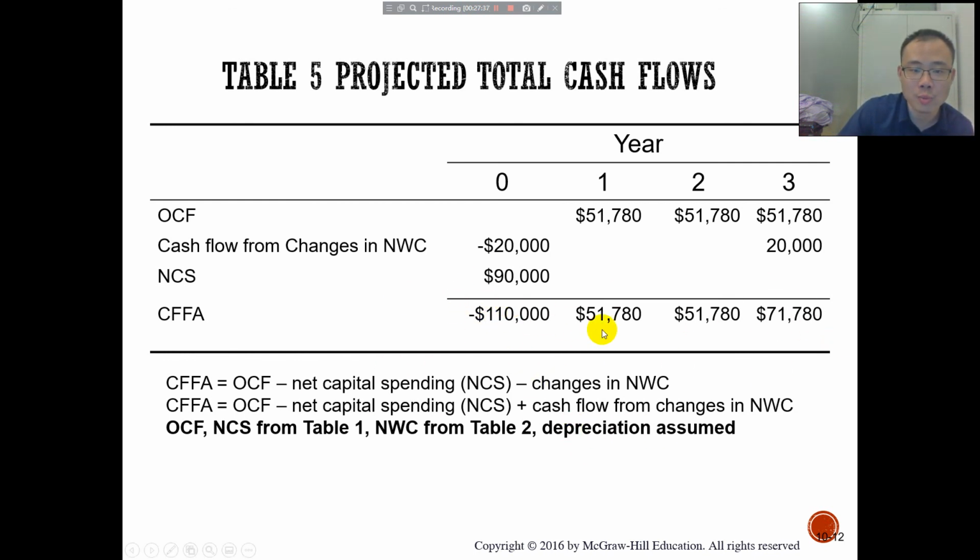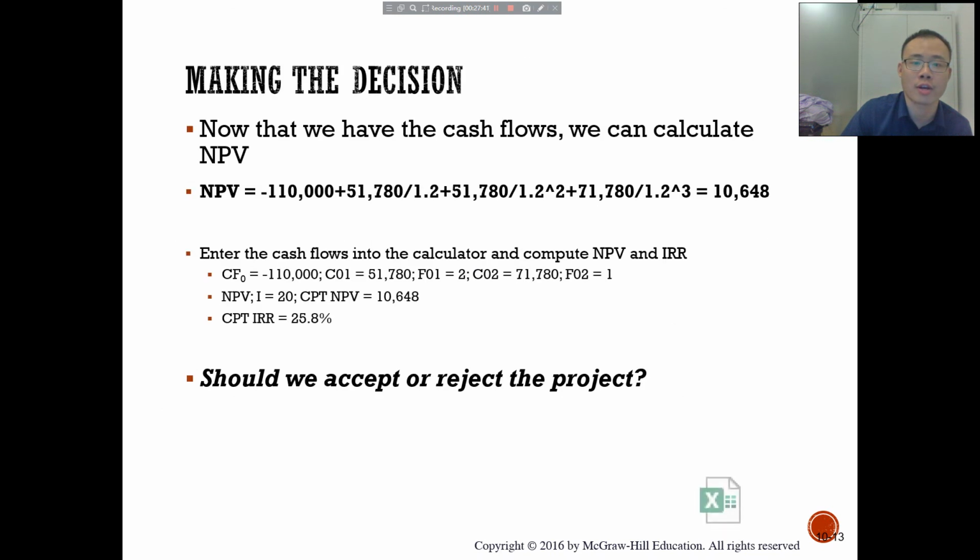Why do we calculate this one? Because this is the cash flow used for calculating the NPV, net present value, which is the evaluation of the present value of this project. Now we assume that the interest rate is a bit high, at 20%.